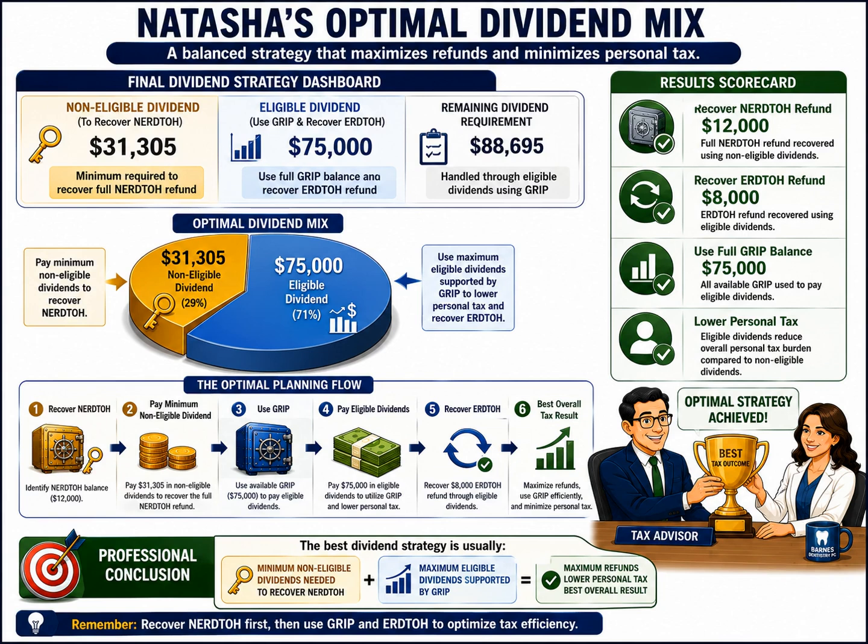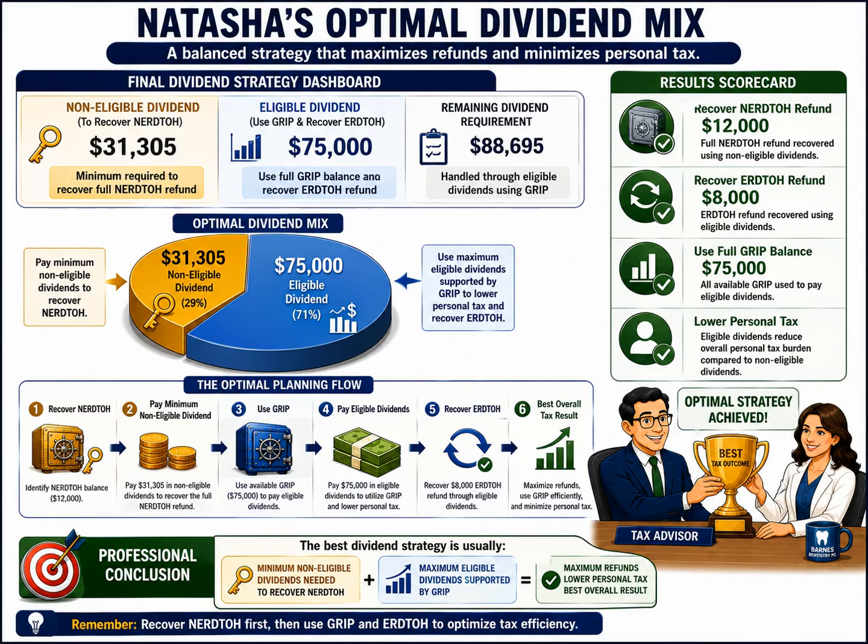This is exactly what professional tax advisors aim to accomplish. Not just recovering refunds, not just paying dividends, but coordinating all available tax attributes to achieve the best combined corporate and personal tax outcome.